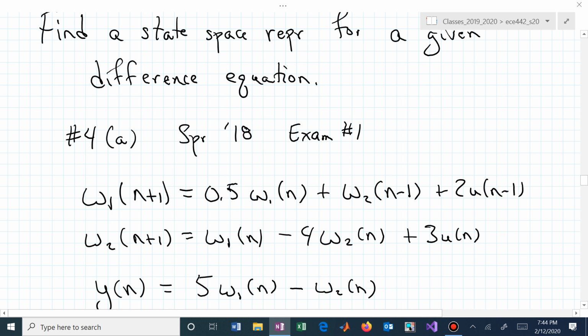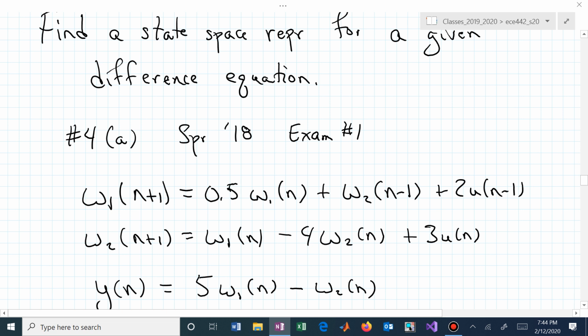And this is coming from an old exam, I think the spring of 18 exam. You have all sorts of exams in the exam number 2 material module to practice. There are some that don't have any answers. I would try to work through those before you look at the ones that have the solutions.